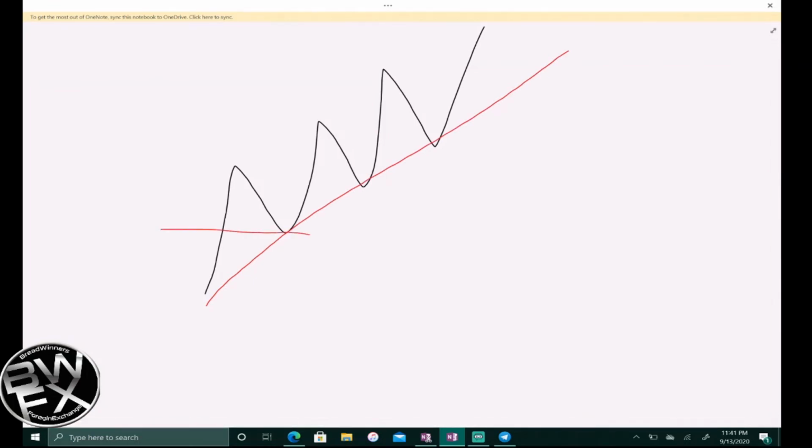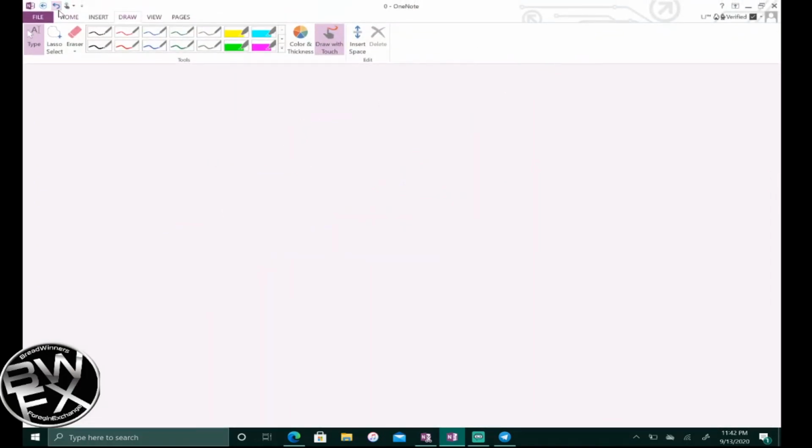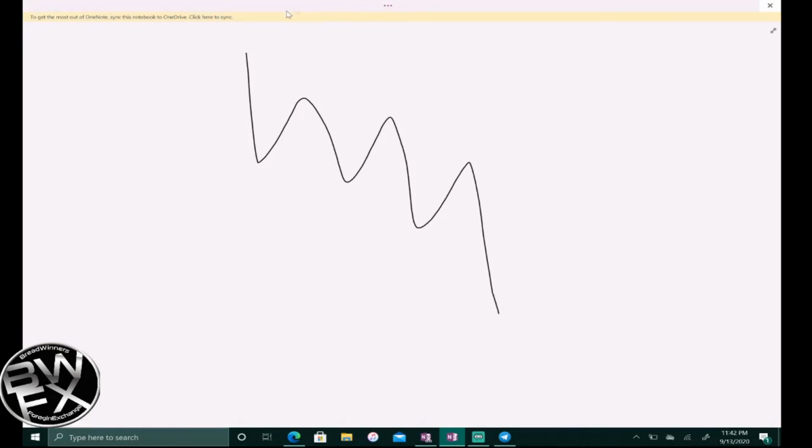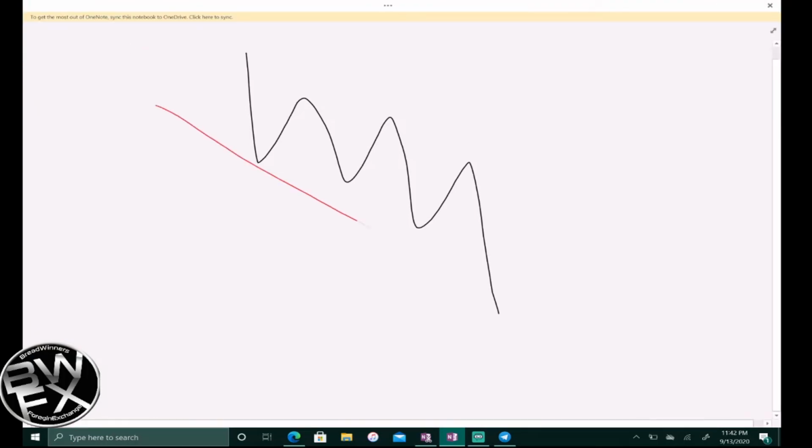So we have a level here, and another level here as well. Vice versa, if the market was traveling down in a downtrending market, we'll see something like this, which we'll be able to draw a trend line marking that with a level here, a level here, and a level here.